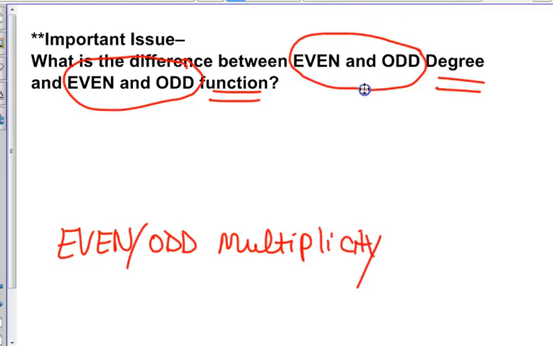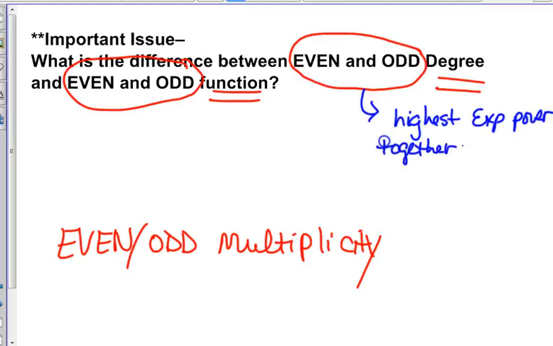Even or odd degree is your highest exponent power, okay? So the question is, is it an even number or an odd number? This, together with the leading coefficient, determines the end behavior.